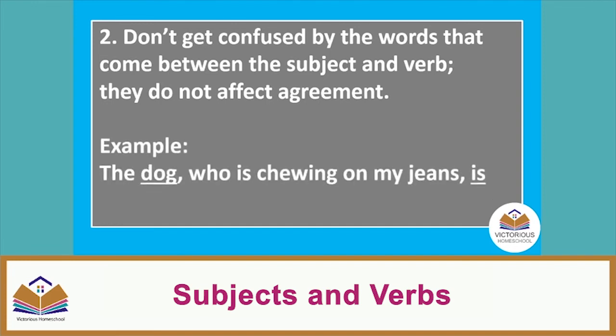Example, the dog who is chewing on my jeans is usually very good. So we're going to look at the dog. The dog is your subject. And don't be confused by the words in between. And it has to agree with a singular verb, which is. Right? Okay.